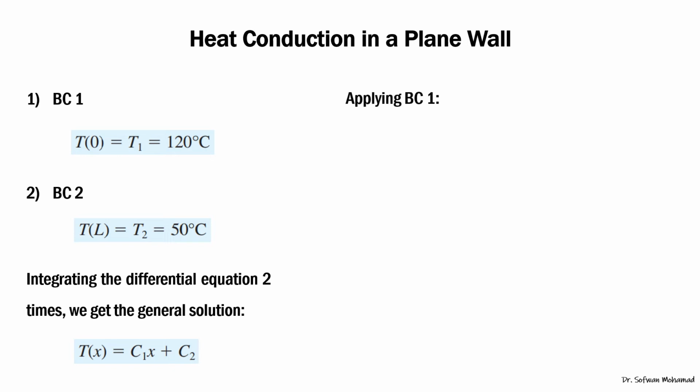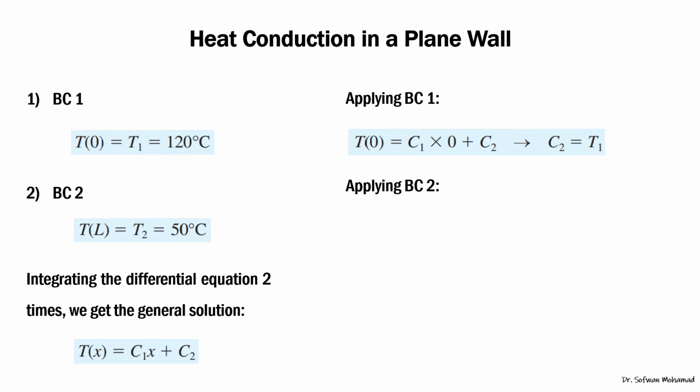Now we apply boundary condition 1 to the general solution. We will get T(0) equals C1 multiplied by 0 plus C2, which will be C2 equals T1.